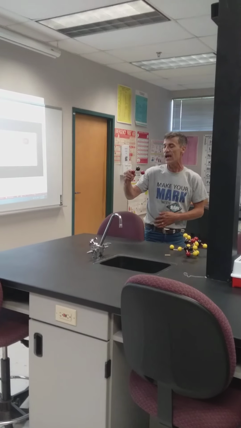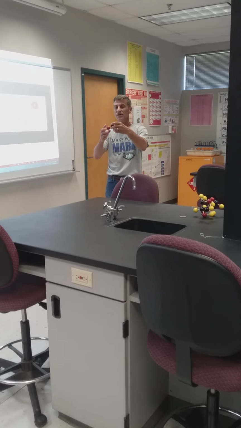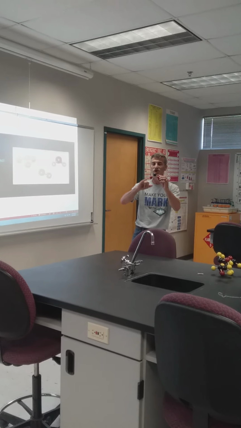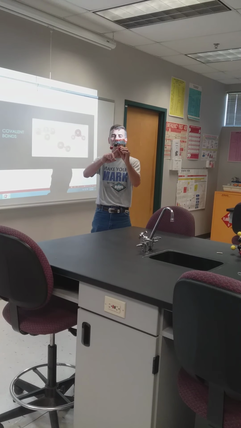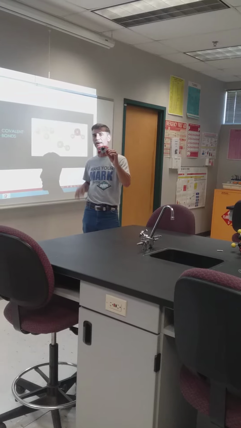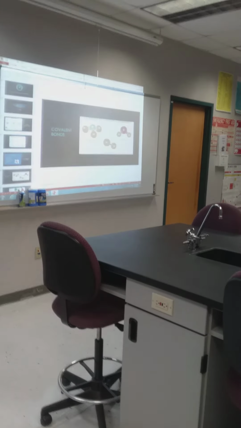So once again, we have one oxygen and we have our two hydrogens, and they are connected by a covalent bond. Now, water is also a bent structure, just like you will see here on this. It has generally a 109.5 degree bend, and it's called a bent structure. So these are some of the things that we've had.